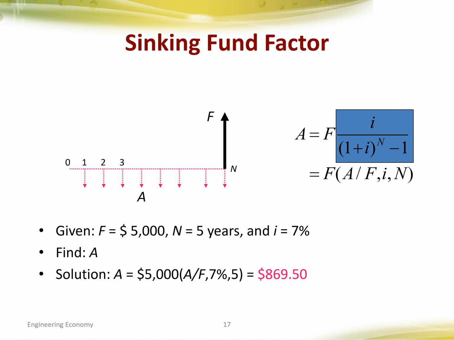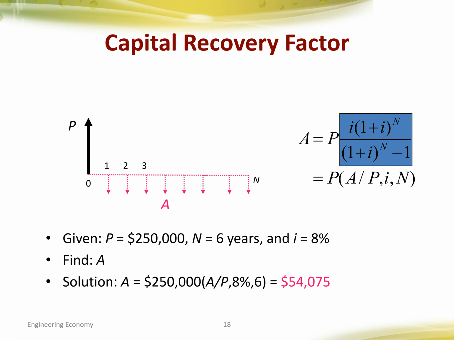Okay. And we can not only do it for future value, we can also do it for present value. Okay, and it will be just the same. Instead of given F, find A, now we have given P, find A, and because we know the relationship between P and F, right?